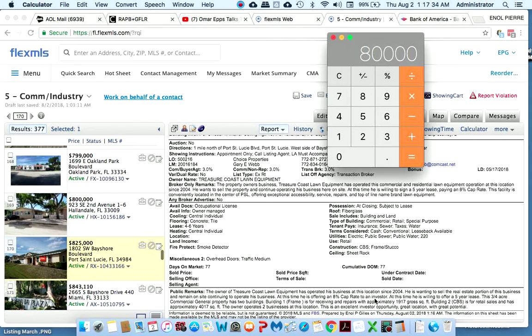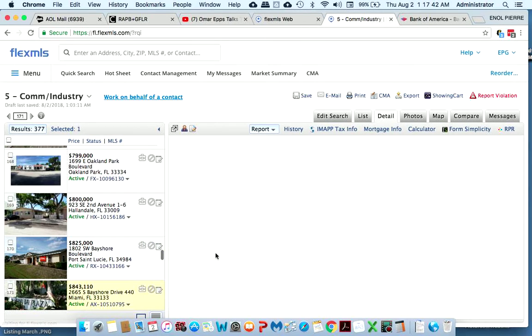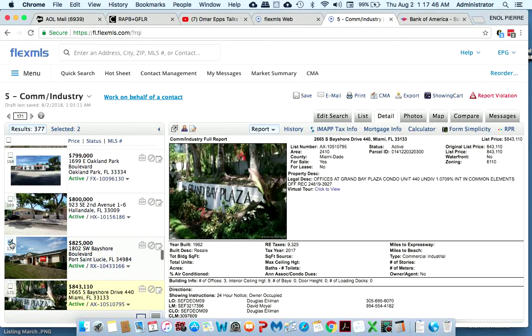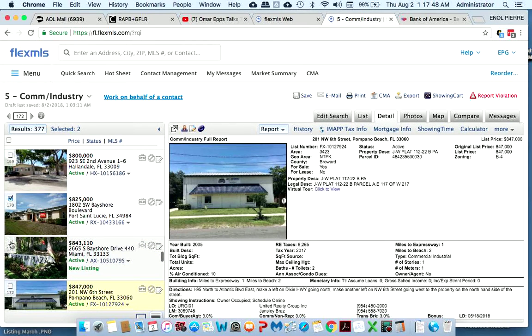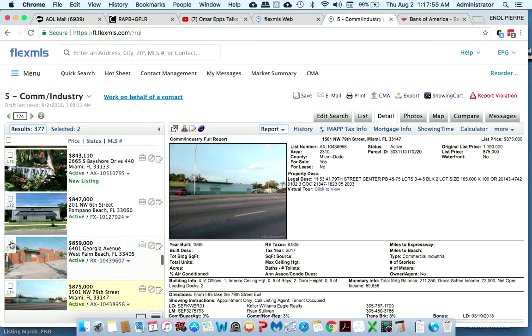I'm assuming it's 80K a month. I'm not sure. Basically, we would have to do what we're doing backwards. But let's check that one. That's not bad. It's something to look into. 8% cap rate is always good. I know that. Could always be negotiated. That's always the game plan.